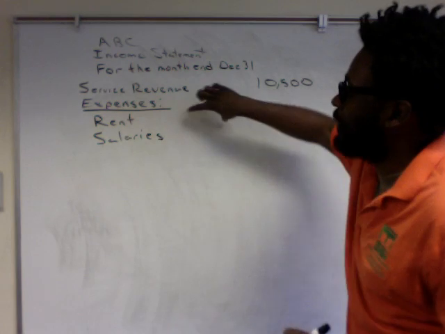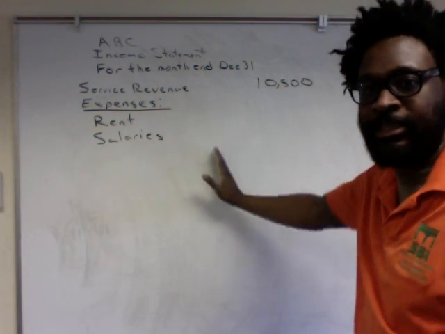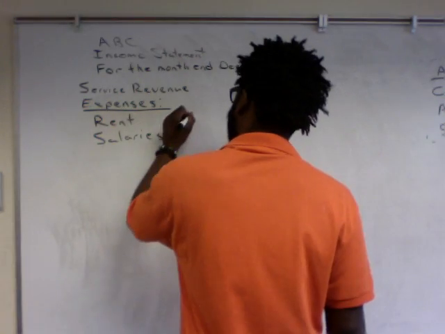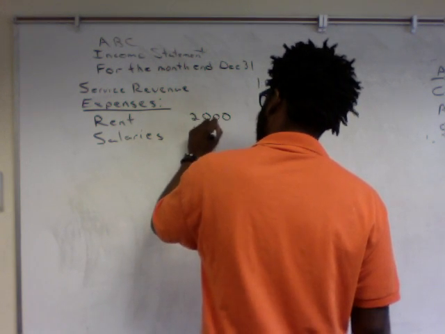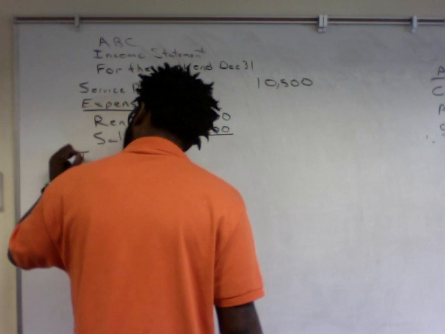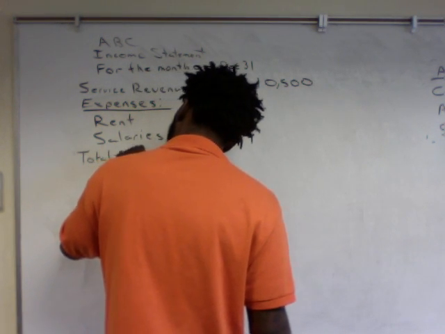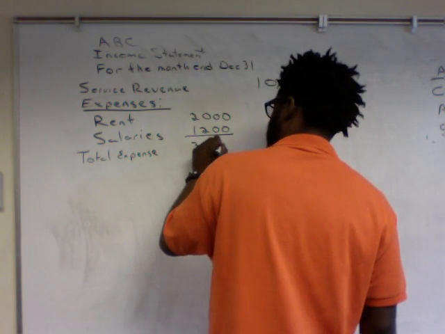Since it's a sub-column, I'm going to keep it in the inner portion. I'm going to keep its own separate column, the sub-column, to do my additions. So rent would be $2,000 and salaries was $1,200. Then I'm going to calculate a total expense column. My total expenses would be $3,200.